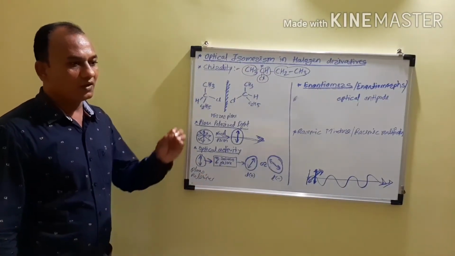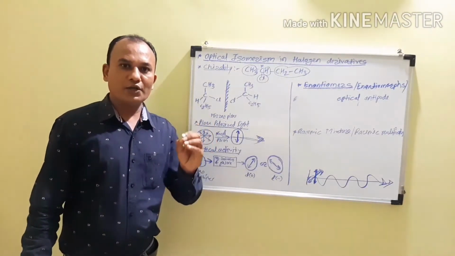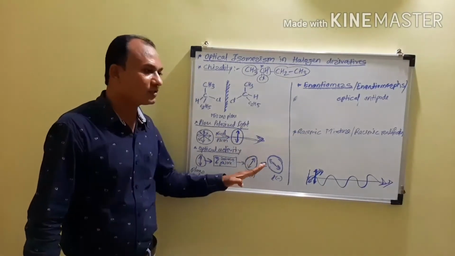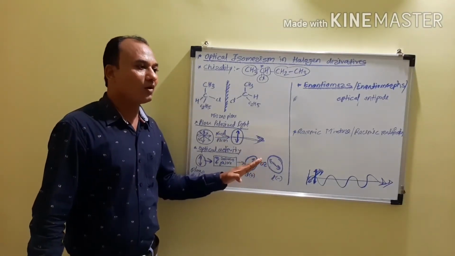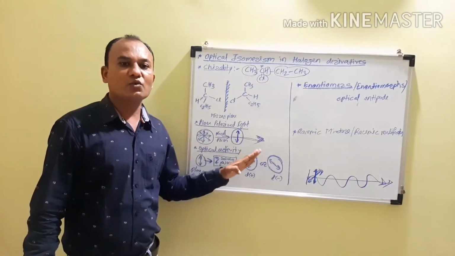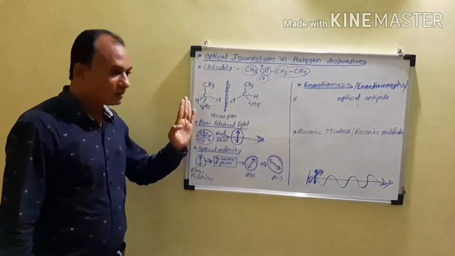Now any isomer of an optically active molecule, if it rotates the plane of plane polarized light towards the right, is called a dextro-rotatory molecule, or a dextro isomer. Understand?